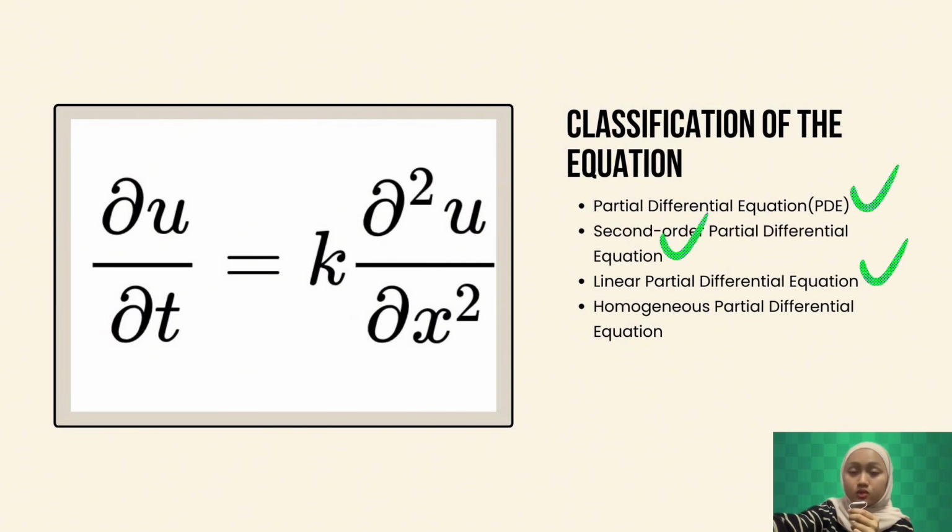And for the last one, it is a homogeneous partial differential equation, since the equation is homogeneous if there are no additional external forces or source terms, and as we can see in the equation, there is no additional term on the right hand side. So, it is a homogeneous partial differential equation.